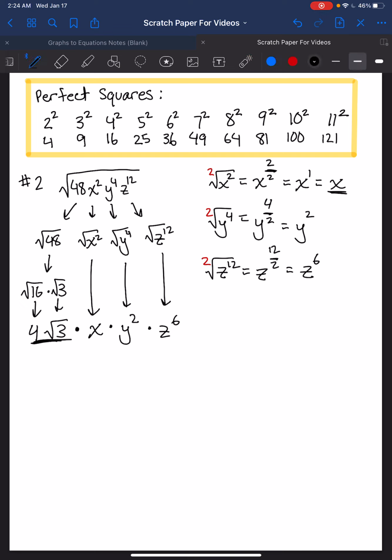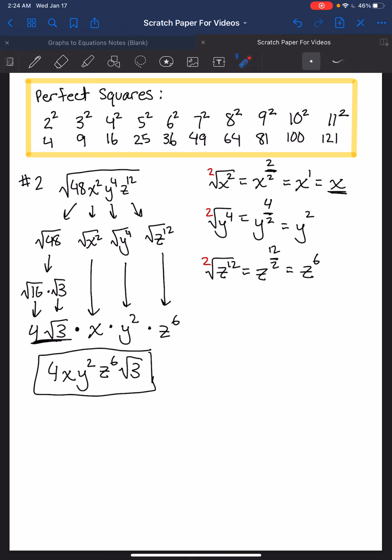So our final answer is 4x y squared z to the 6th, and then at the very end we have our square root of 3. So again, we're just putting everything in that nice order. Number first, letters follow alphabetical order. Anything under the radical is put at the very end.